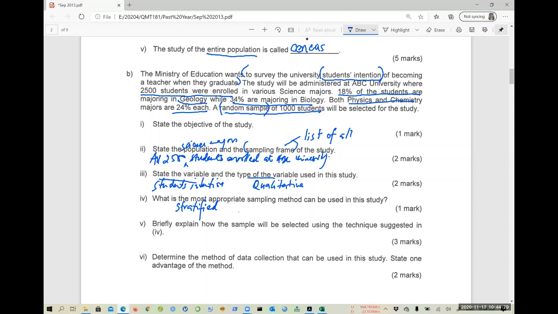So according to the size of the groups. For example, in this case, you have 18% of the students majoring in geology. So that means 18% out of 2,500 are actually doing geology, right? So you have to calculate how much 18% of 2,500 is.